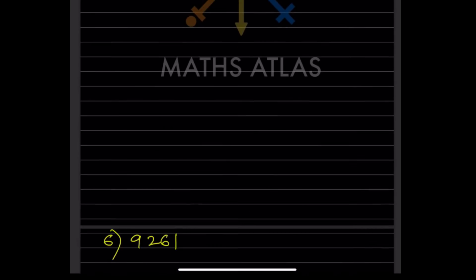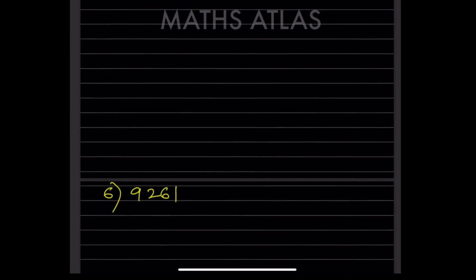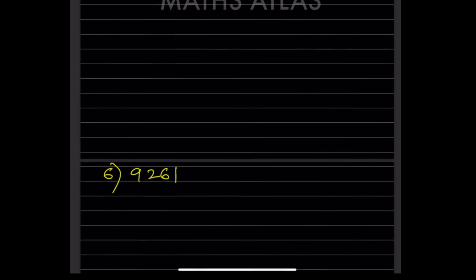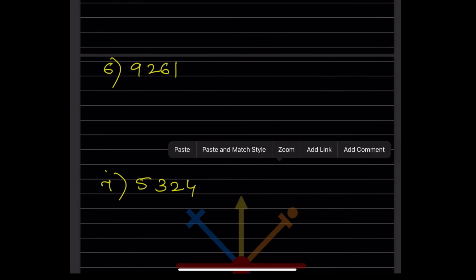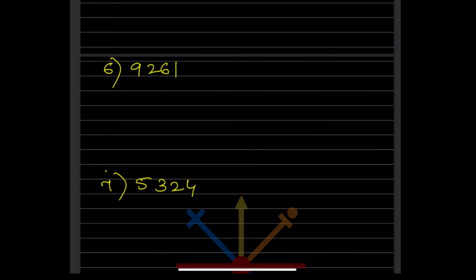So now let us look for the next one. This is 9261. This will go with 3. Again this will go with 3.